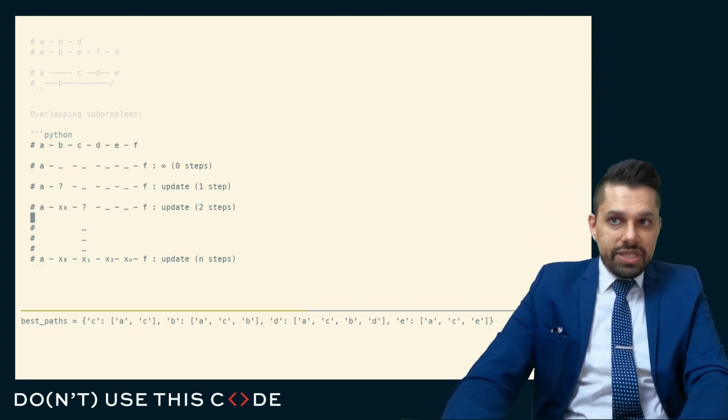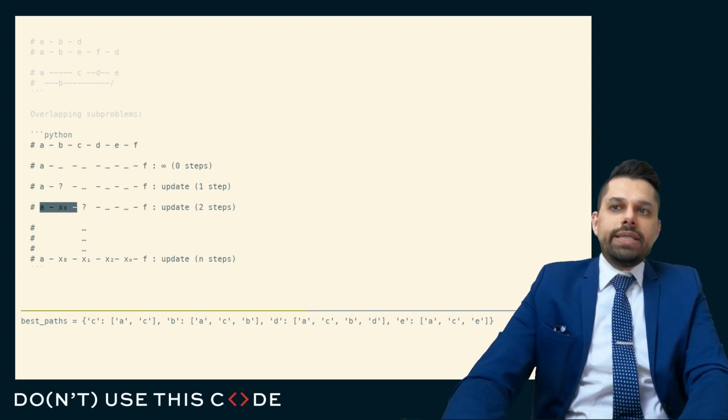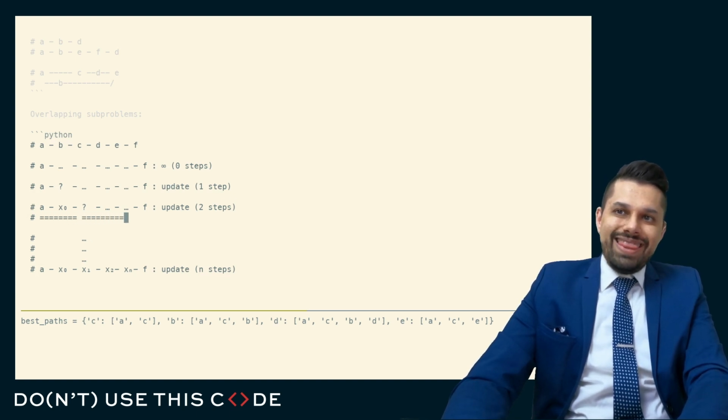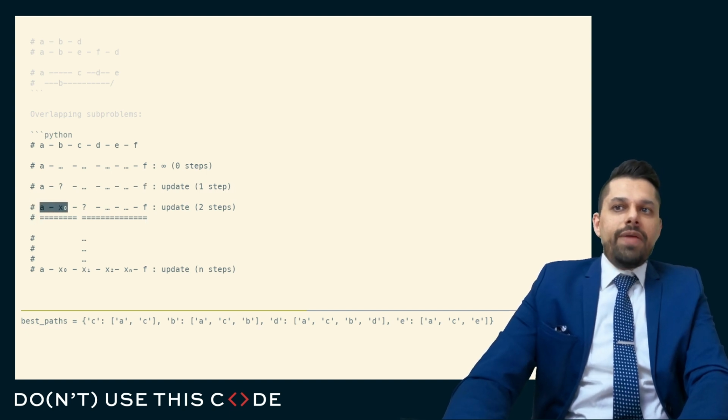If we're saying within 2 steps, then it's whatever we did up to here, plus the best path up to here. And you can see these are overlapping subproblems, because the subproblem that we're composing this problem out of is really just the problem of the best path from A to X.